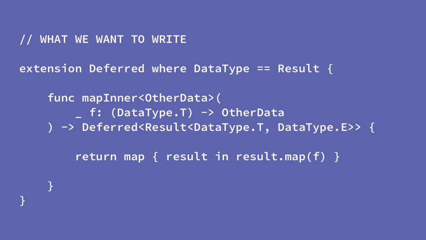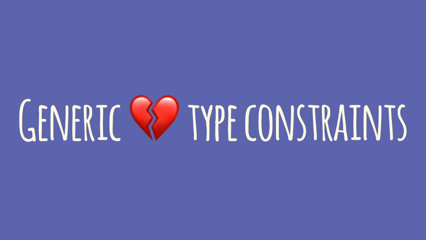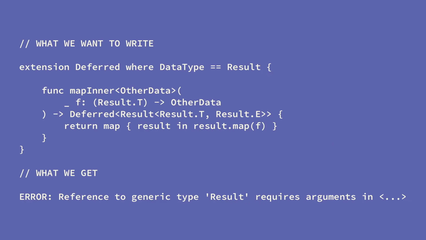Unfortunately, it's not that simple in Swift. Generics and type constraints are not really much in love. And what we get here is an error that the reference to generic type requires arguments. So this result cannot be just left here without any generic signature.